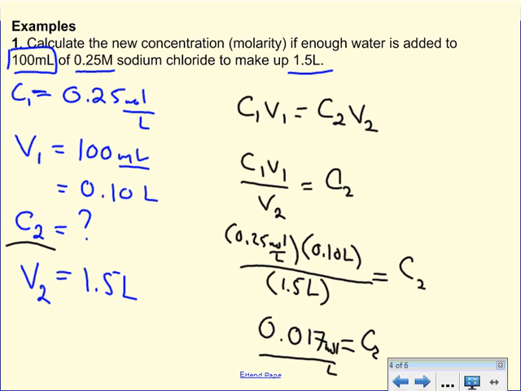So this is a very, very handy tool for us to use. It's not a very difficult calculation to do. Just make sure we write down everything we know and everything we need to know, and just plug it into our calculator, and it gives us a really nice and neat answer. But the key idea is to understand that as we add water or solvent or volume, our concentration will go down.